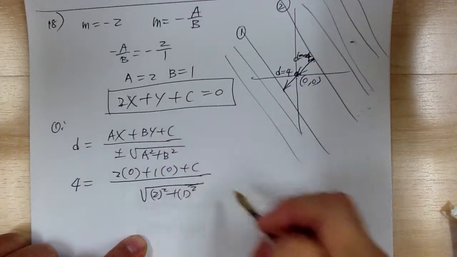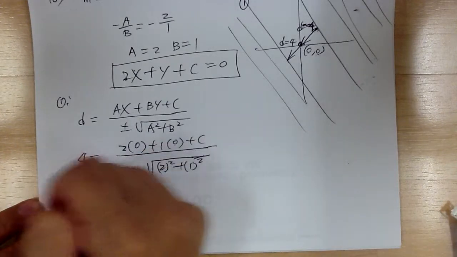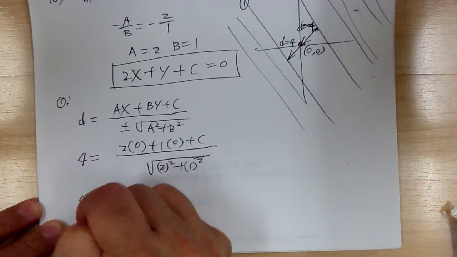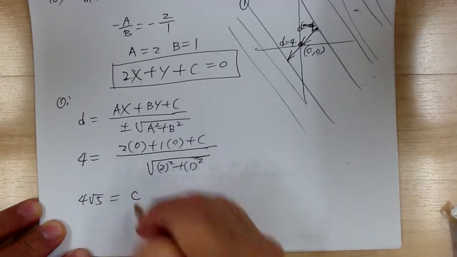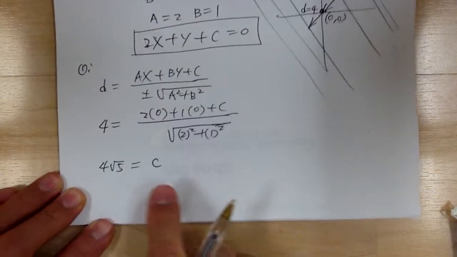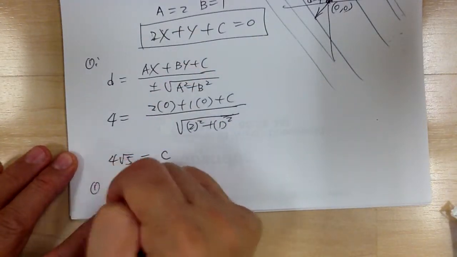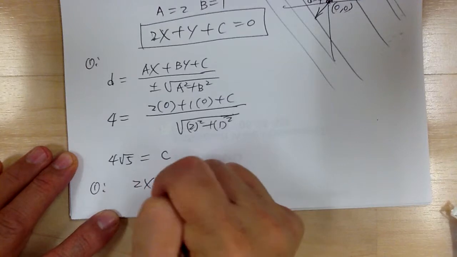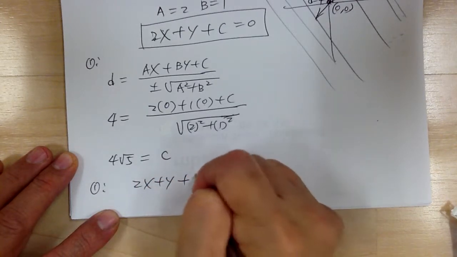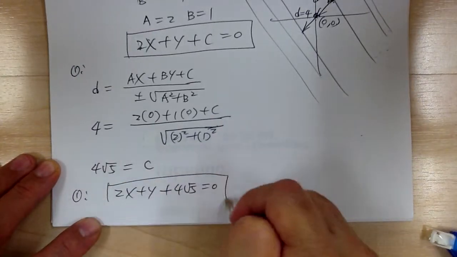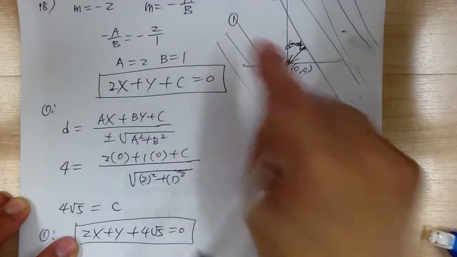So I put 0, 0 in here. Then I'm going to cross multiply. So this is the square root of 5. When I cross multiply, I get 4 square root of 5 equal to c. Once I find c, I put it in here. So equation 1 would be 2x plus y plus 4 square root of 5 equal to 0. Okay, so that would be the equation for line 1.